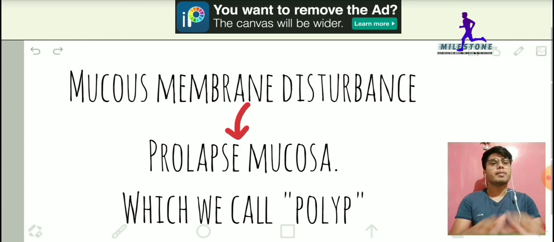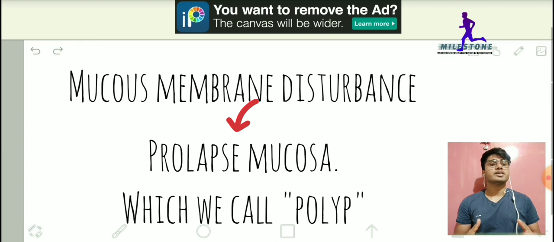What actually happens, no one knows the actual reason, but there is some disturbance in the mucous membrane due to allergy, infection, Bernoulli's phenomenon, which we are going to see later on, or some mucous membrane pathology.